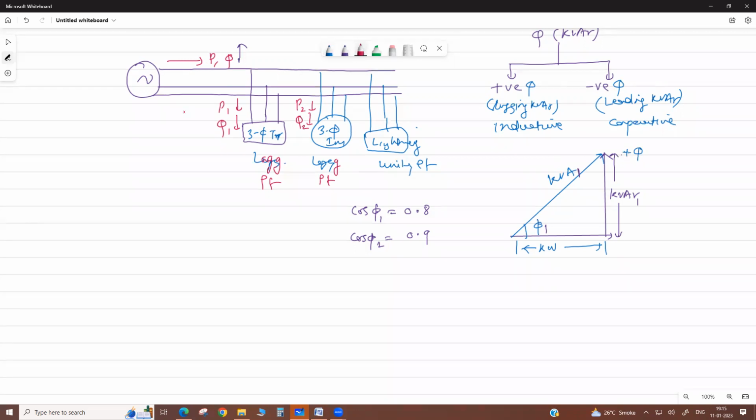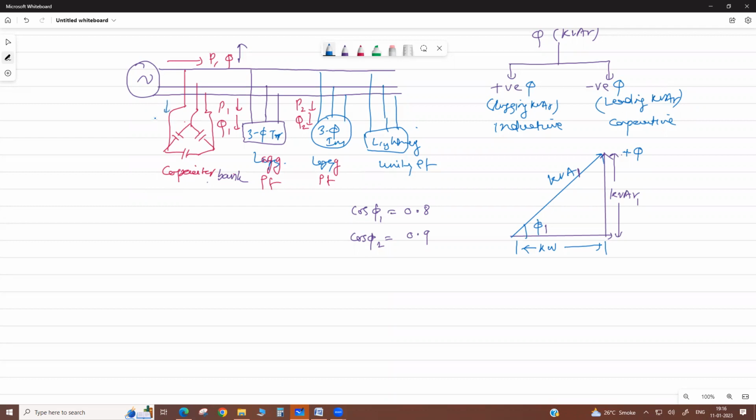Then, you can take a static capacitor bank, which is connected like this and has a fixed value. It is called a capacitor bank, or static VAR. Now, what is the property of this capacitor bank?